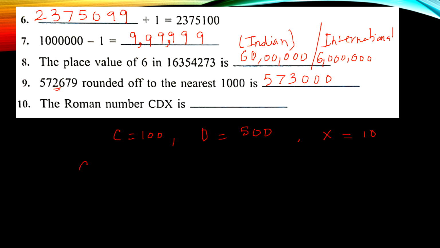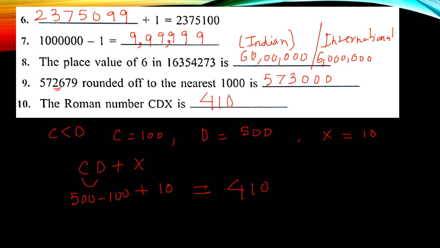So here this is CD plus X. C is smaller than D, so you will subtract 500 minus 100 and then add 10. So your answer will be 410.